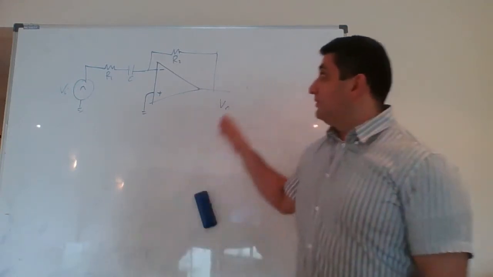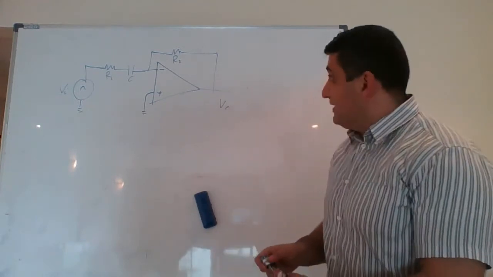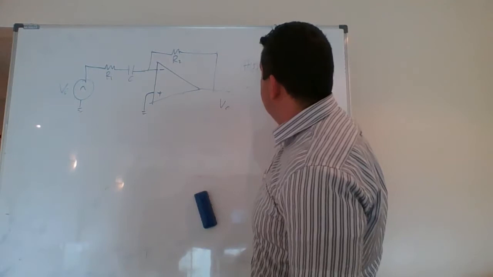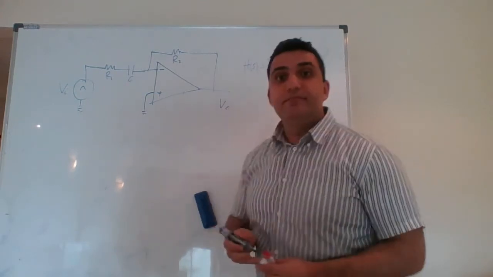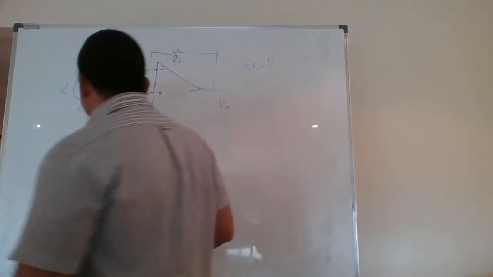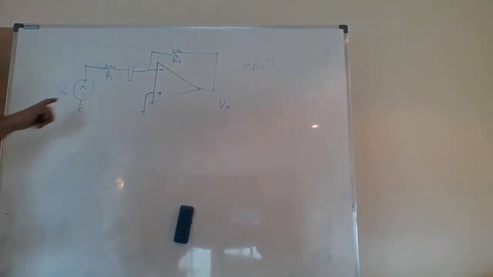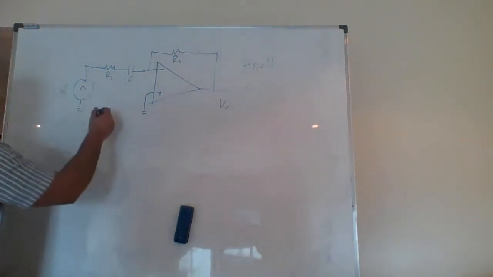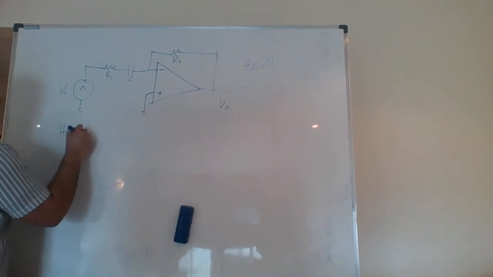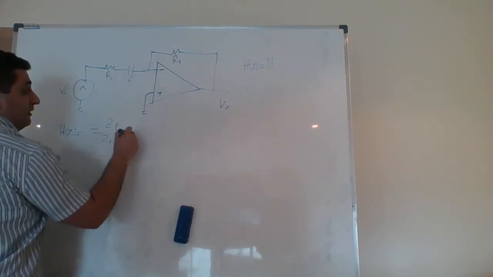I want you now to tell me what H of S is equal to using circuit analysis. Okay, great, perfect. Let's start analyzing the system. H of S is equal to minus ZF over ZI.